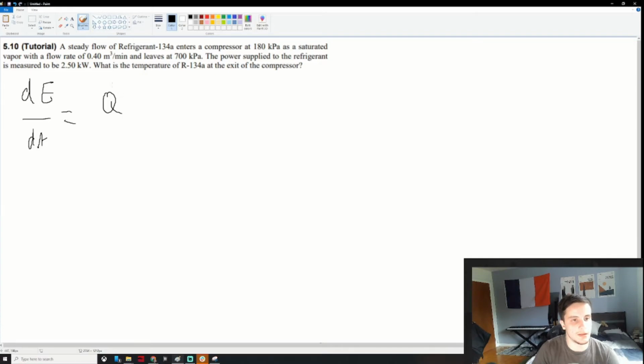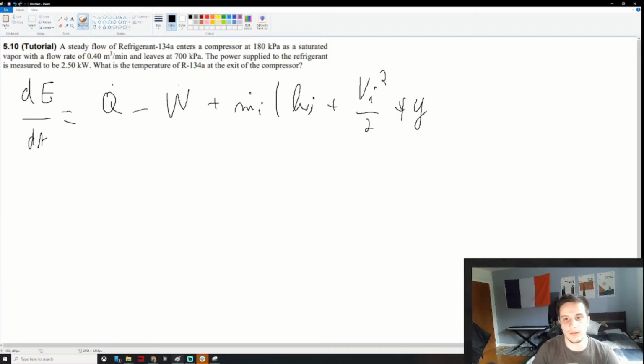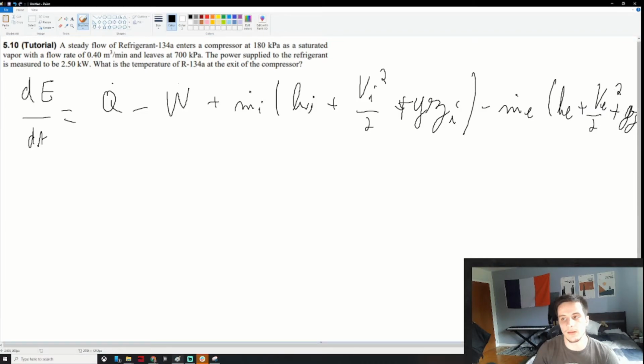So dE, I'll just go quickly with it, plus V squared divided by 2 plus, it's a little scrunched up, but in any case, I can immediately know that there's no change in altitude, so ignore the potential energy. Mass flow rate is steady, so again, mass flow rate at the inlet is equal to mass flow rate at the exit.